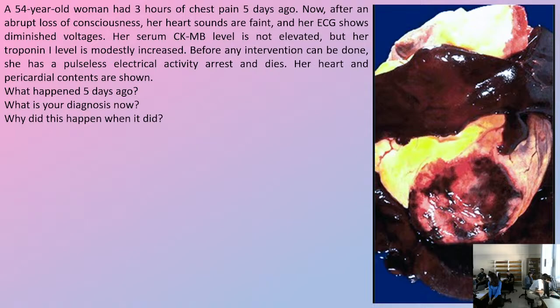It won't rupture like here. However, it will become weak, and so it will form a sac, and this will be the aneurysm, which will have some blood.